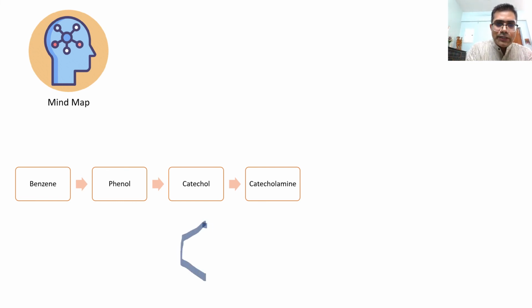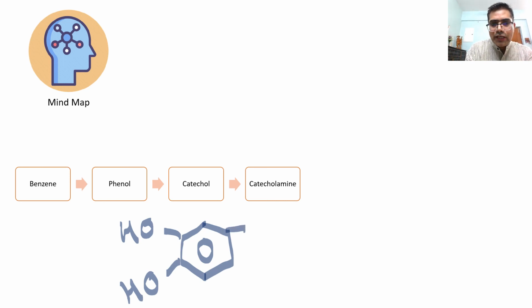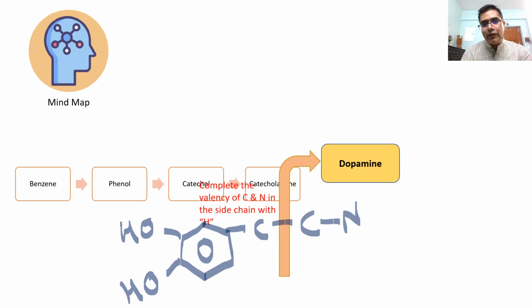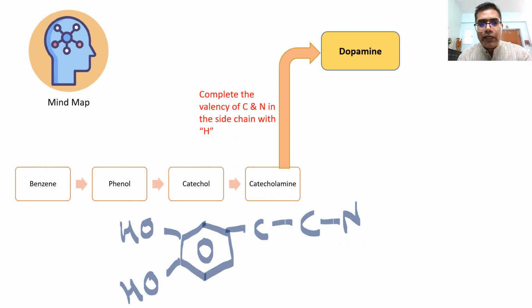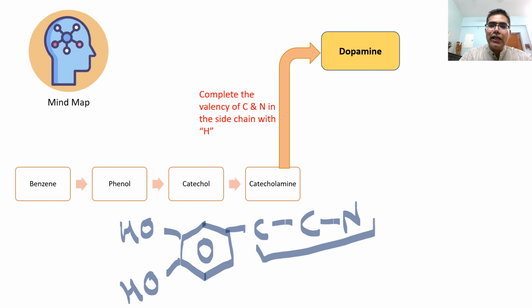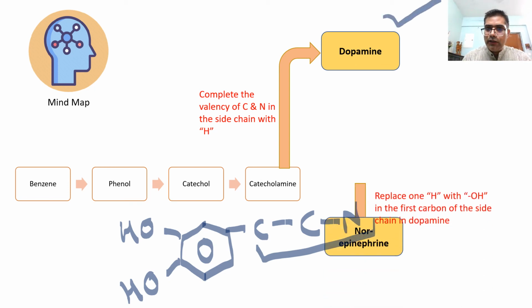So you made benzene, you made phenol, then you made catechol, then you fix the amine part to make catecholamine. Then from the catecholamine you completed the valency of the carbons and N with H, and you got the structure of dopamine.